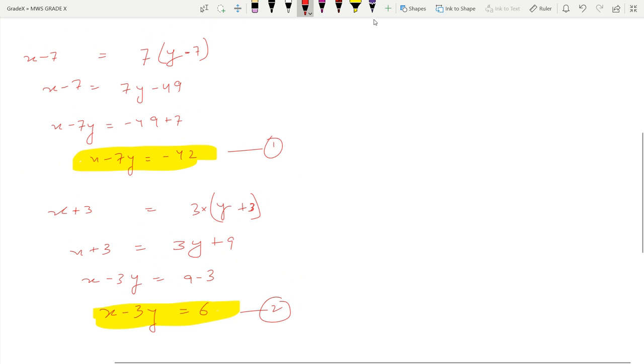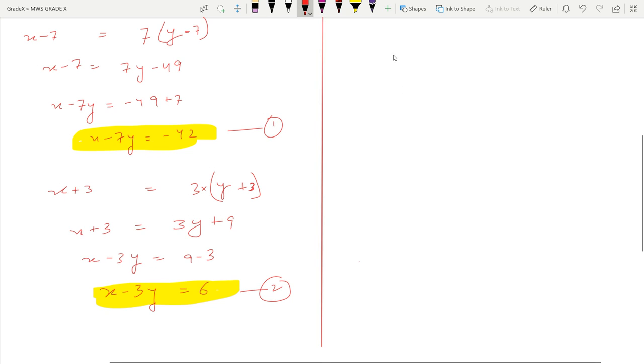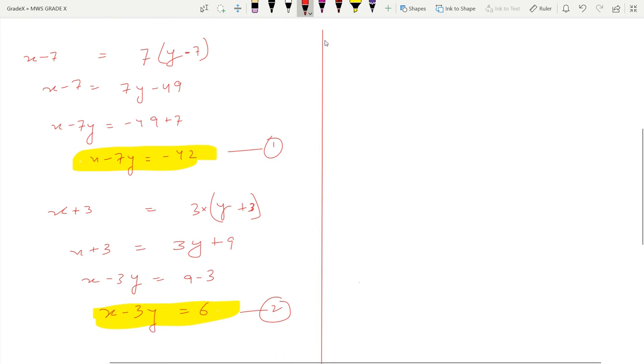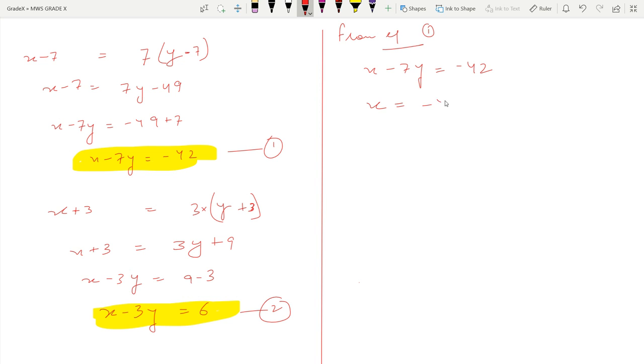Okay, so starting with the first equation, from equation 1, it is x minus 7y is equal to minus 42. Take out the value of x from here: minus 42 plus 7y. Put the value of y to take out the value of x.